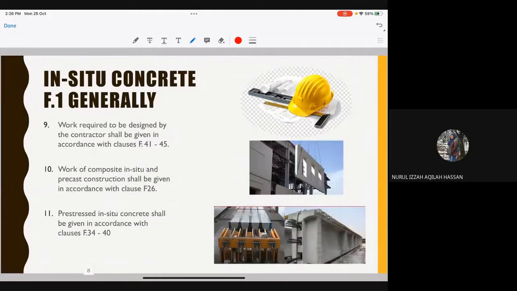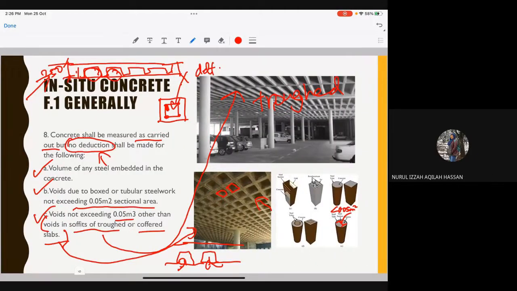Sir. Yes. Apa tu kalau yang void yang nombor 3 tu, yang C tu? C, okay. Maksudnya not exceeding 0.05 tu untuk semua lubang-lubang tu ke each one of that? Untuk semua lah. Lepas tu yang B pula, maksud dia box and tubular steelwork tu maksudnya besi tu dalam satu tube macam tu ke?